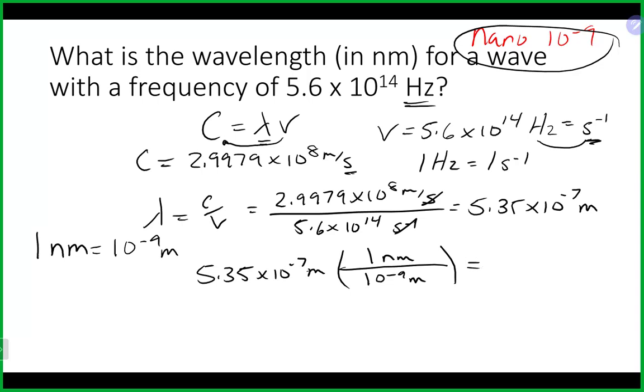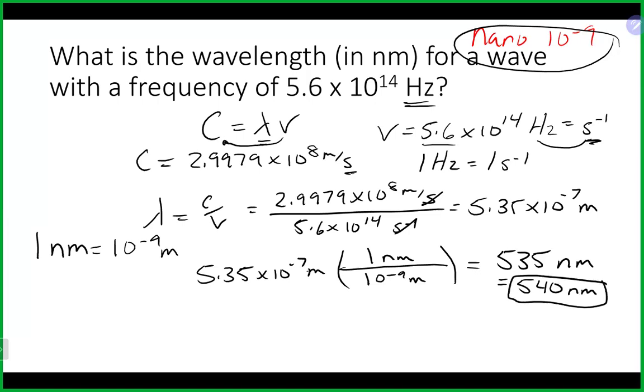Remember that 10 to the minus 9 is basically 1 times 10 to the minus 9 if you need to put it in your calculator that way. If we do our conversion here, we will end up with 535 nanometers. Technically speaking, 2 sig figs there, so I guess we could round that up to 540 nanometers in this particular case.